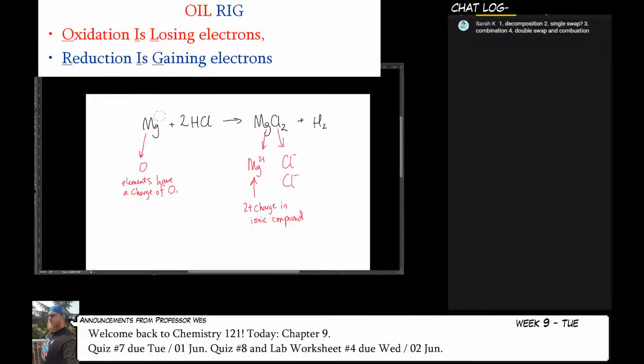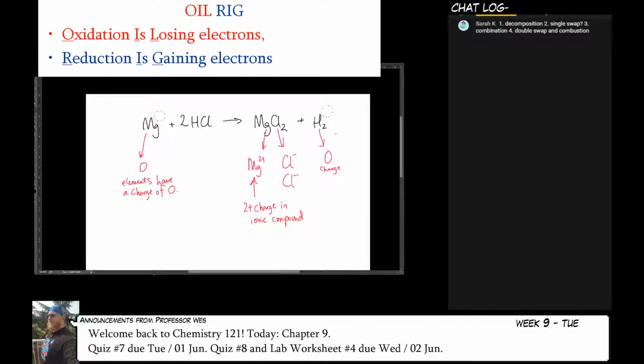Same thing over here for hydrogen. Hydrogen is an element, so its charge must be 0. If it had a charge, we would have written a number there, right? But because it's an element, there must be the same number of protons and electrons. Also, in H2, H2 is a covalent compound.